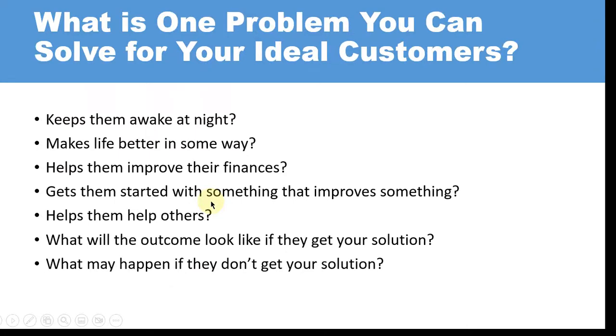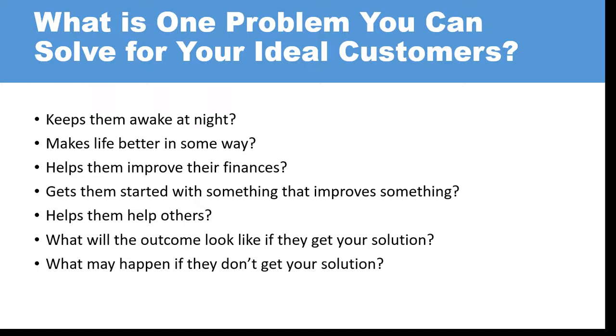So what is one problem you can solve for your ideal customers? We talked about this in the training, but I'm going to repeat it because it's very important. Your lead magnet is designed to solve one problem. If you start trying to solve all the problems of the world with your lead magnet, you're going to get bogged down and you're not going to get it done.